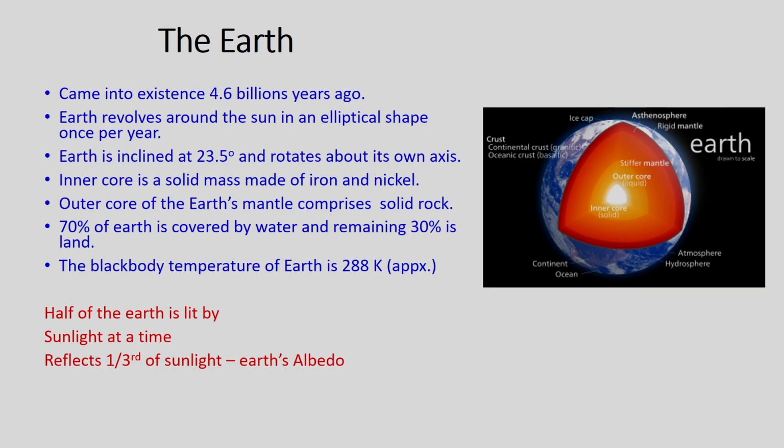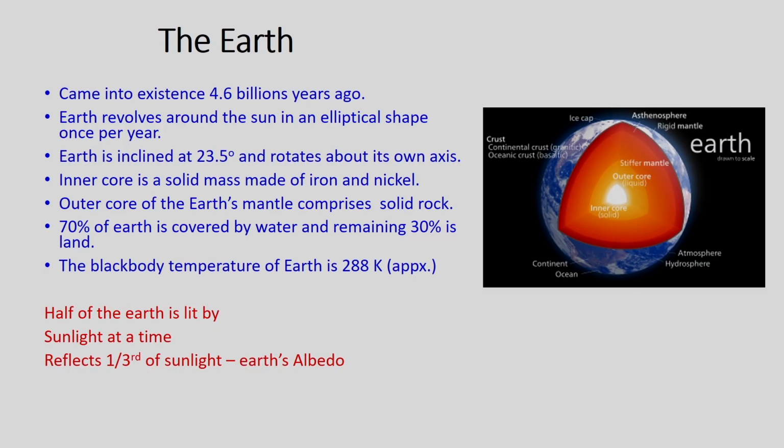The earth came into existence about 4.6 billion years ago. The Earth revolves around the Sun in an elliptic orbit once per year. The Earth is inclined at 23.5 degrees and rotates about its own axis.